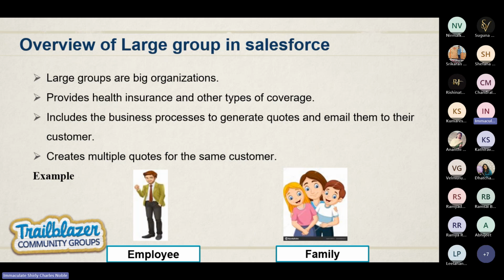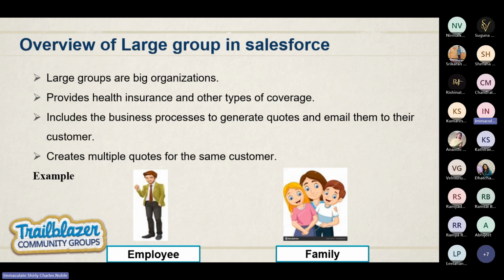So first, let's see the overview of large group in Salesforce. In this overview, we are going to cover what is large group, what is quote, features of large group quoting, and business process. So first, what is large group? As the name describes, large groups are nothing but big organizations. That is companies with many employees with multiple branches and in multiple locations.